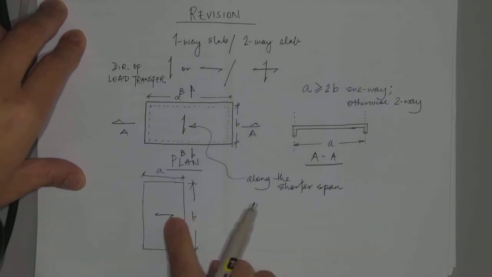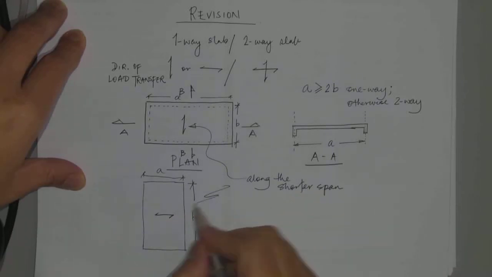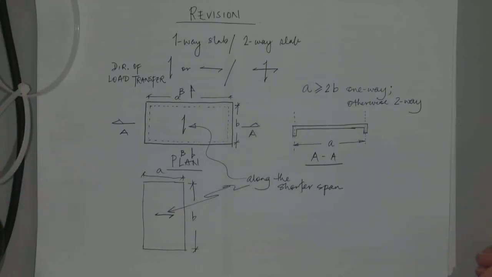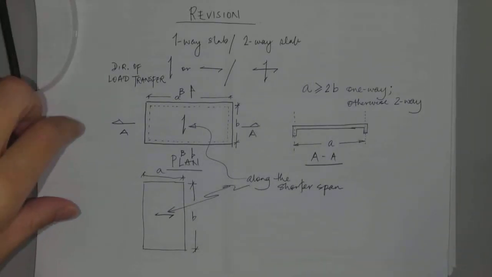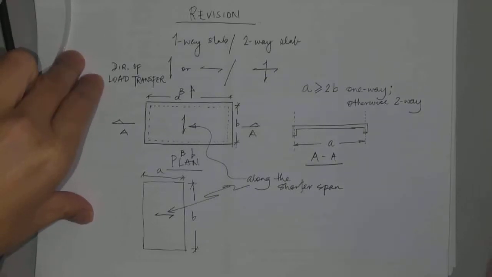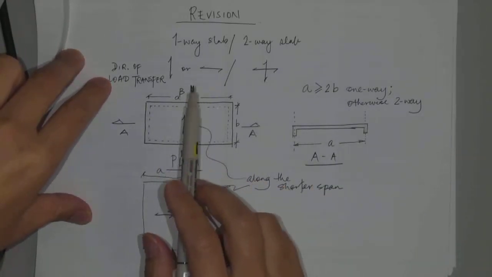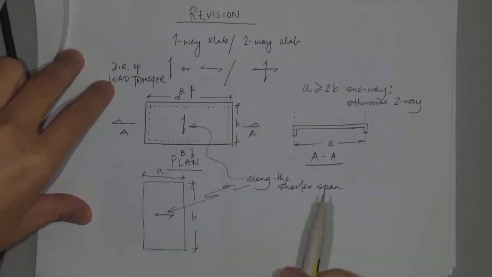So it's always along the shorter span. Definitely you have heard of two-way and one-way slab before.